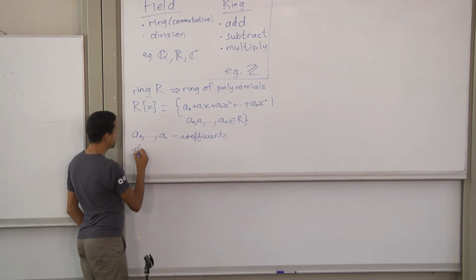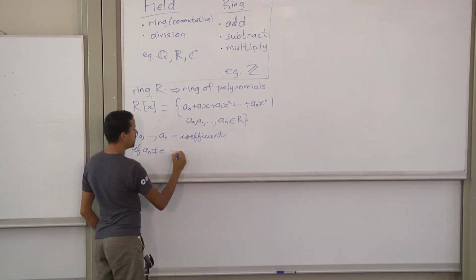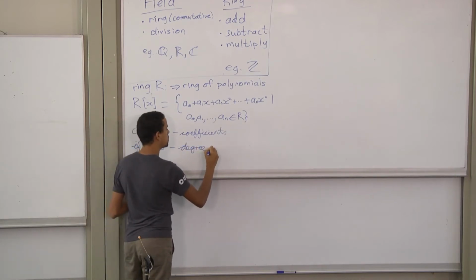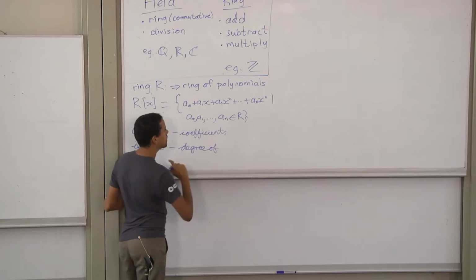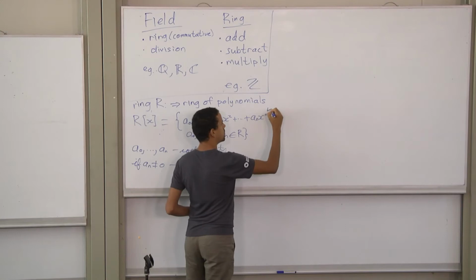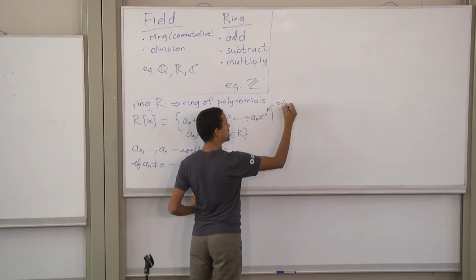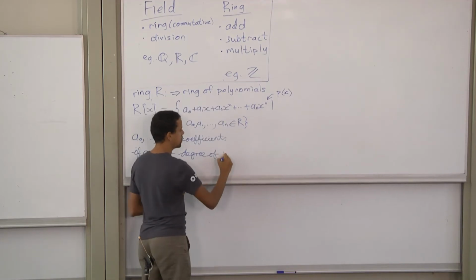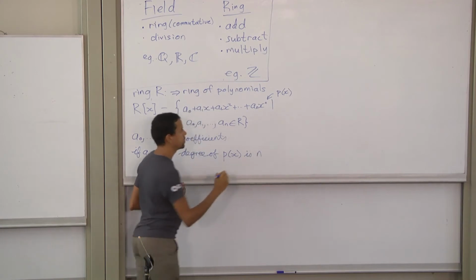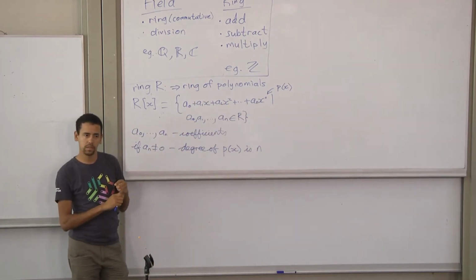So if this biggest coefficient is not 0, then the degree of the polynomial, actually I haven't given this a name, so I'll call this whole thing p of x. So the degree of p of x is the biggest exponent of x.